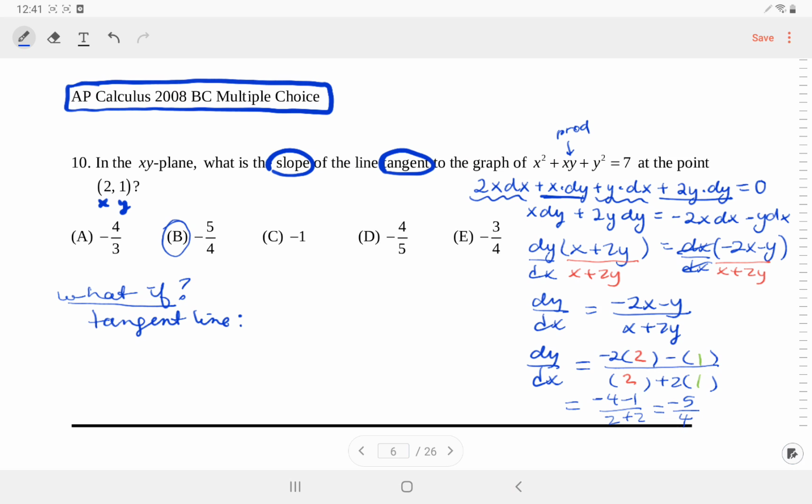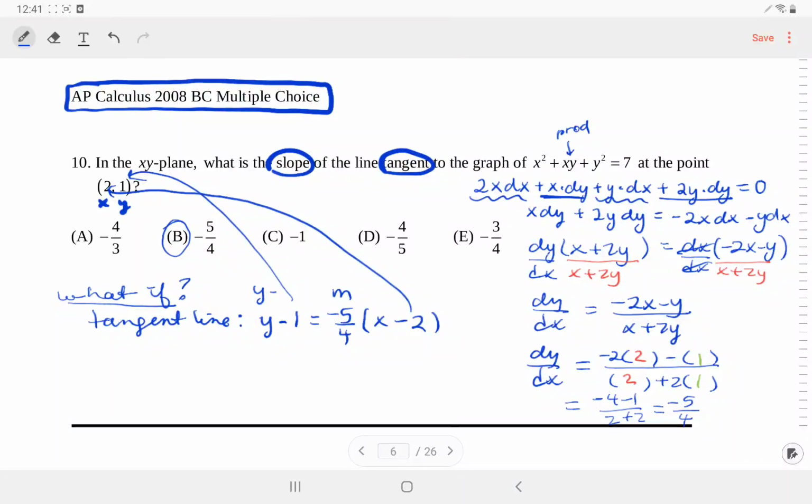Okay, so if it actually wanted a tangent line, we would do y minus the y value of the point, which is right here, equals the slope times x minus the x value of the point, which is right here. And then this is the slope. So remember your formula, y minus y1 equals m times x minus x1. That's if you want the equation of any line.